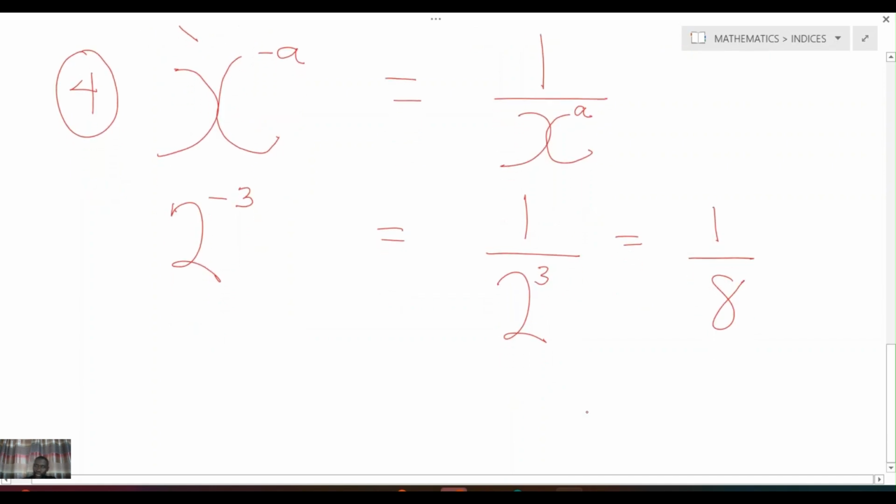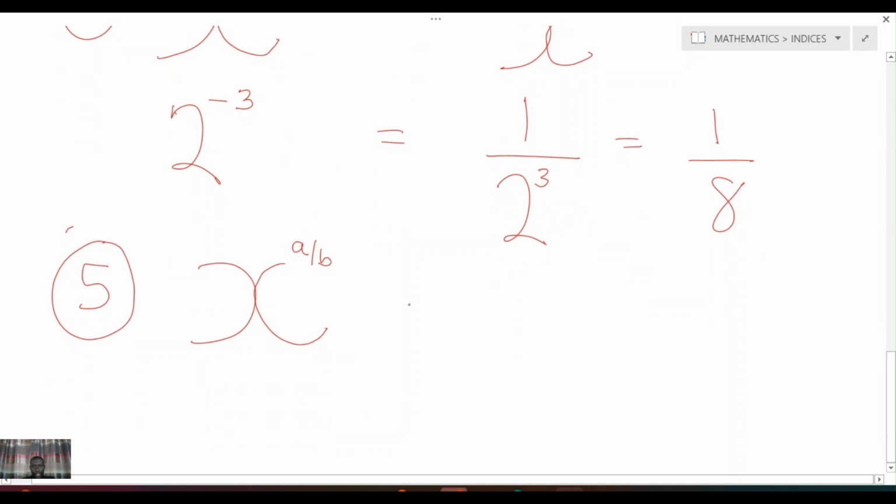Let's look at another rule. Number 5. If you have a number x that is raised to power a all over b, this can be expressed as, you see this numerator will be the power, and this b will be the root of this number.